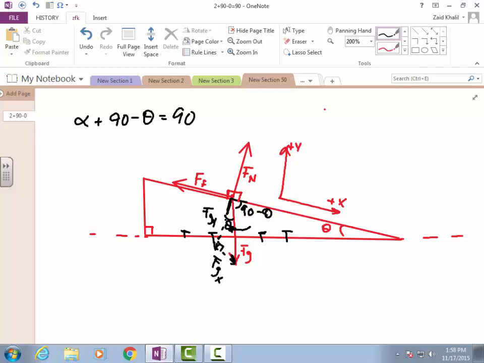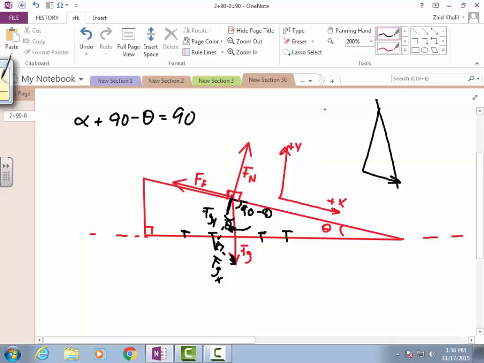It's the trick of the trade. So that's theta, and so now I can actually draw that triangle a little bit more specifically. So this is FG, that's theta, that's FGY, that's FGX.